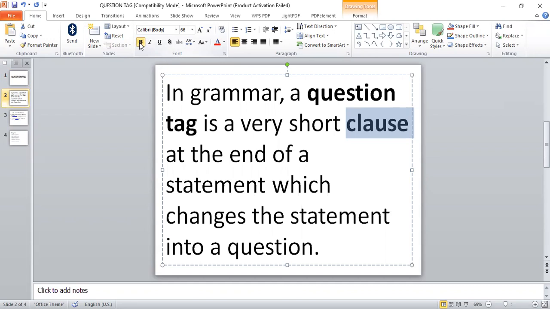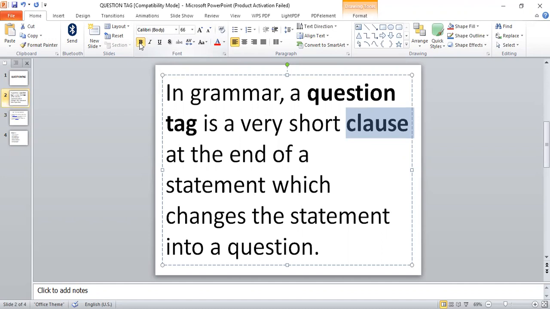I think in one of our classes, I told us that what differentiates a phrase from a clause is that in a phrase, there is no finite verb, but in a clause, there is a finite verb. So in English grammar, a question tag is a very short clause at the end of the statement, which changes the statement into a question.